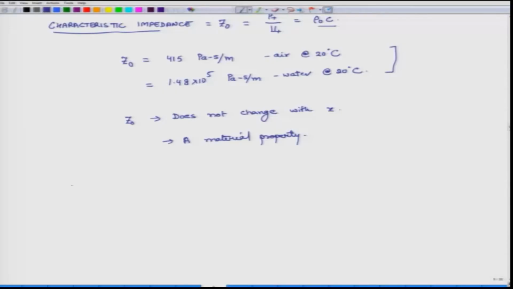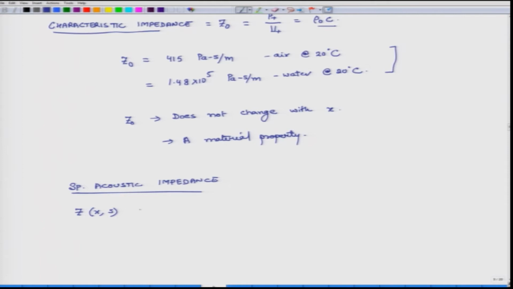The second impedance is specific acoustic impedance, and that I define as Z, and that is a function of x as well as s.